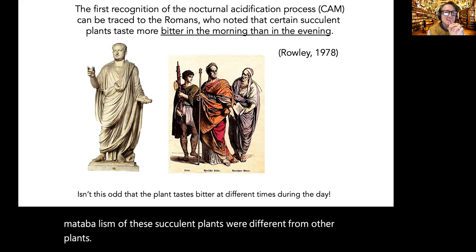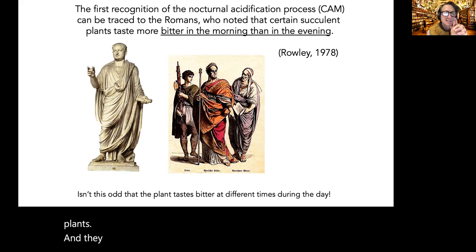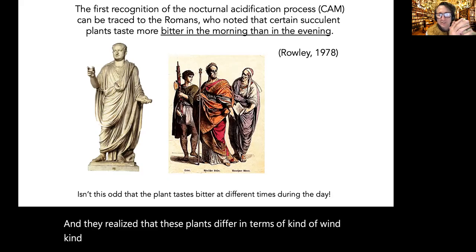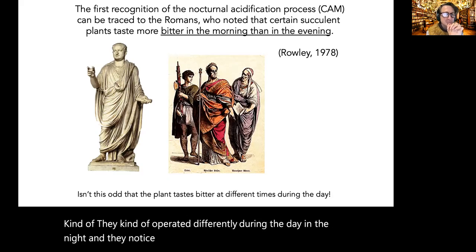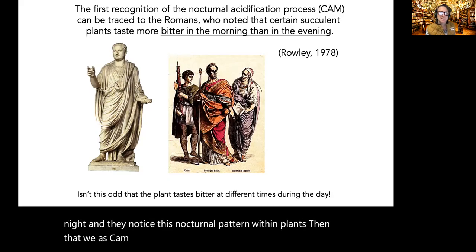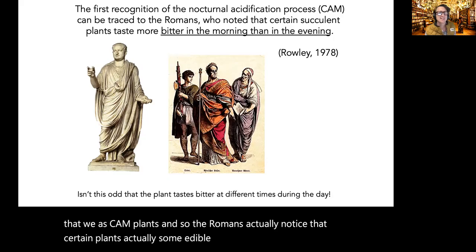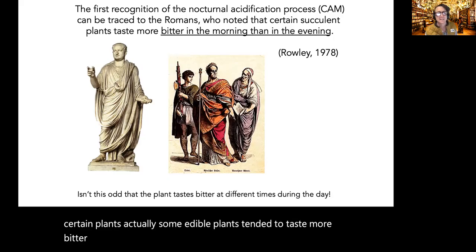They realized that these plants operated differently during the day and the night, and they noticed this nocturnal pattern within plants that we now know as CAM plants. The Romans noticed that certain plants, actually some edible plants, tended to taste more bitter in the morning than in the evening.